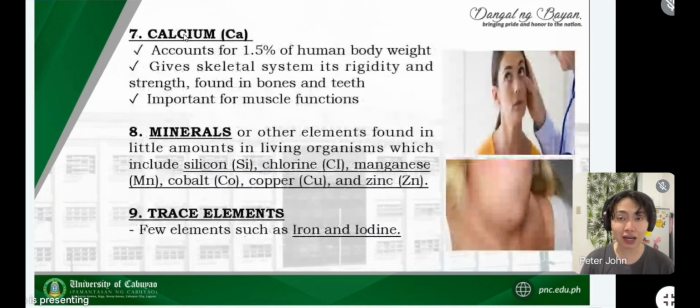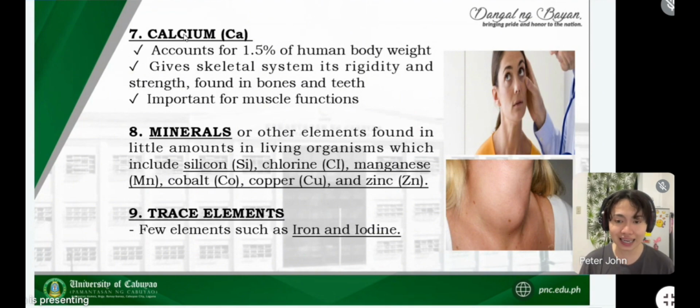Next, we have calcium. So, it accounts for 1.5% of human body weight, and for skeletal rigidity and strength of bone and teeth, important for muscle function. Yes, si calcium we can mostly find in our teeth, sa nails natin, sa toenails, and even sa fingernails natin, and also in our bone.